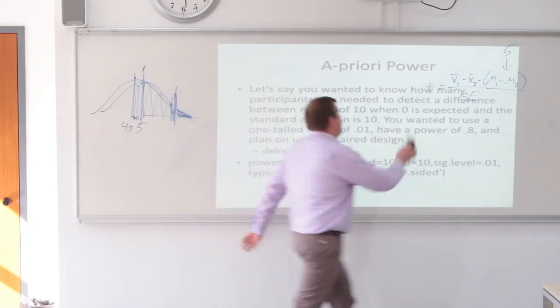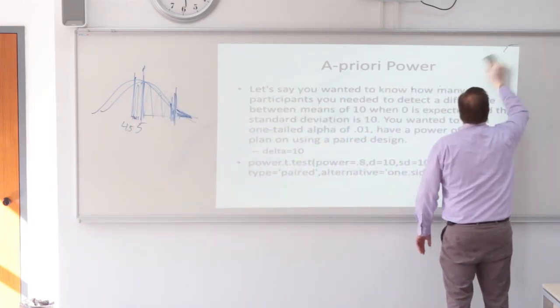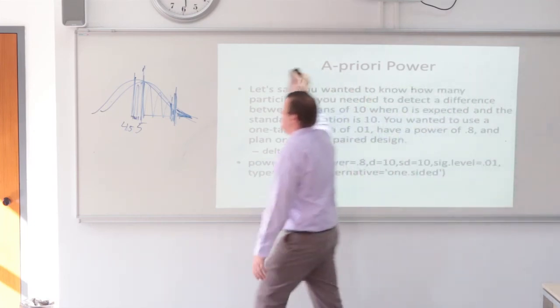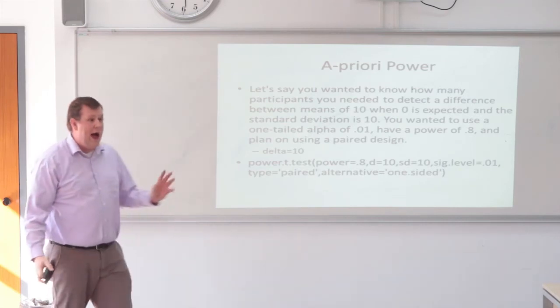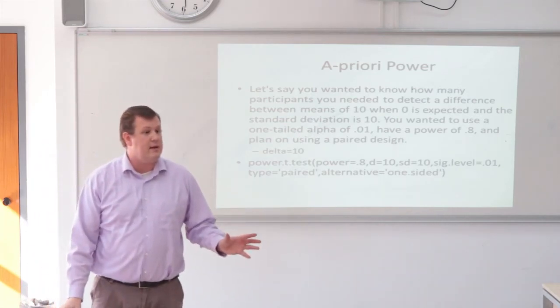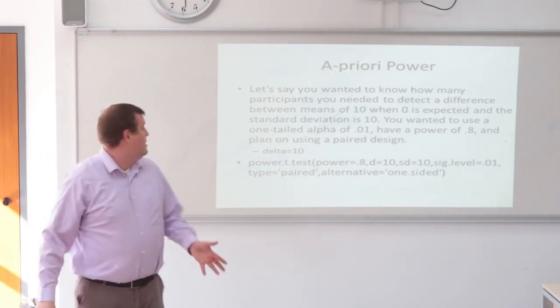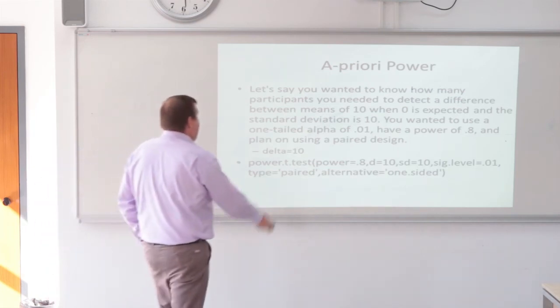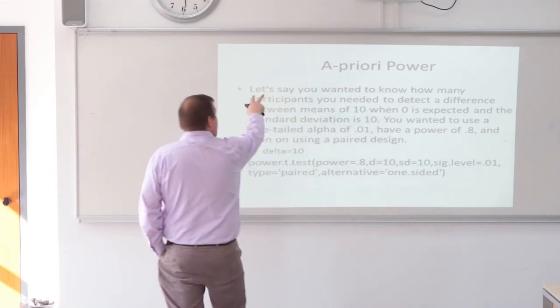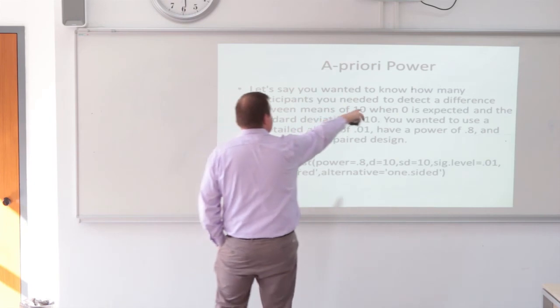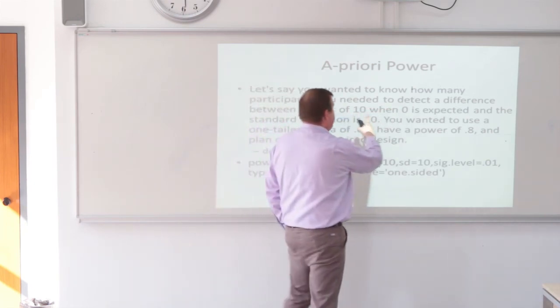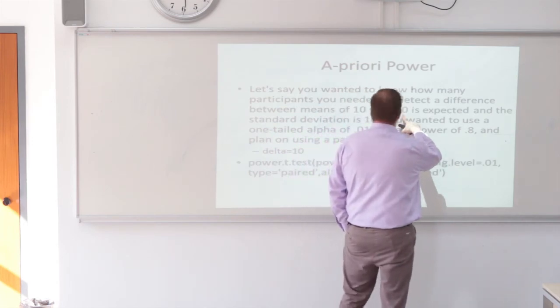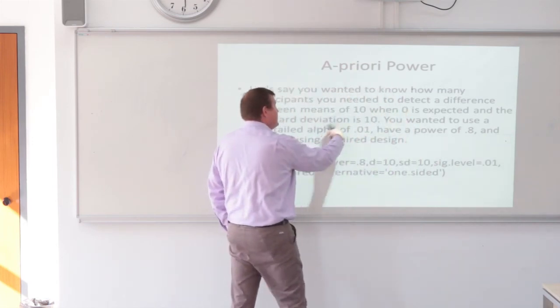So let's say you were going to do an experiment using t-tests and you wanted to know how many people you needed to be in your samples. So here I said we want to know how many participants you needed to detect the difference between the means of 10 when 0 is expected and the standard deviation is 10.